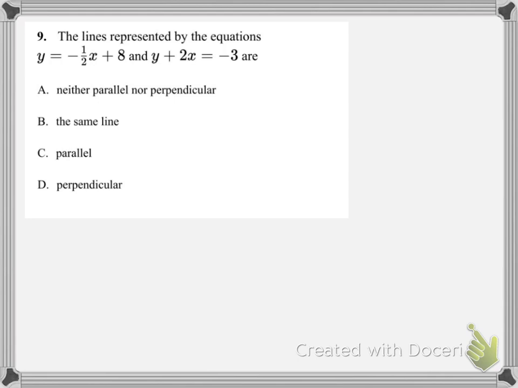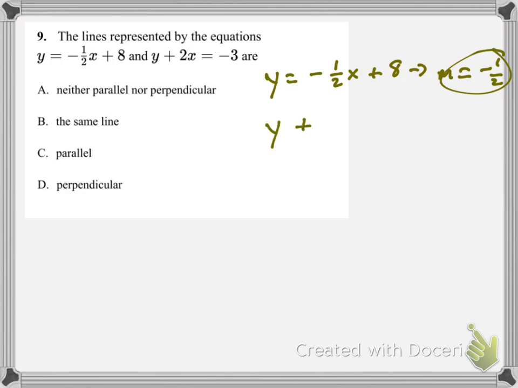Okay, another one just like this. So we have y equals negative 1/2 x plus 8. So our slope is negative 1/2. Now we take our other equation, not in slope-intercept form, so put it in slope-intercept form.